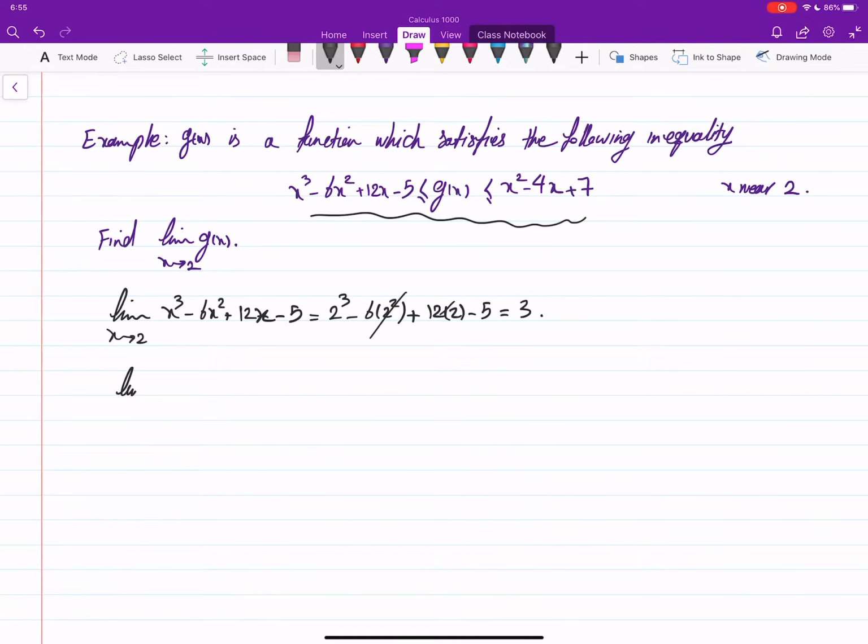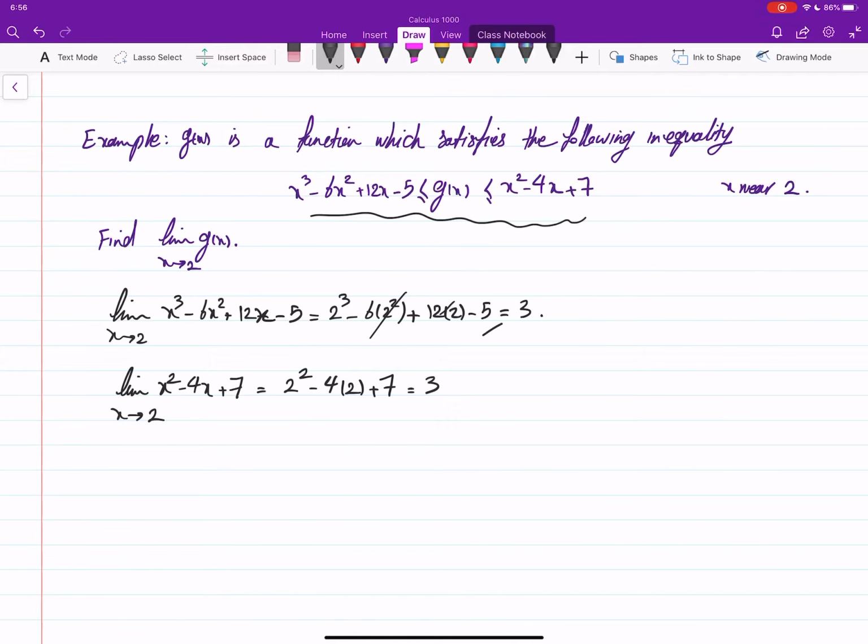The limit of the function which is greater than g as x approaches 2 is 2 squared minus 4 times 2 plus 7. That's 4 minus 8 plus 7, which is 4 minus 1. This is 3.